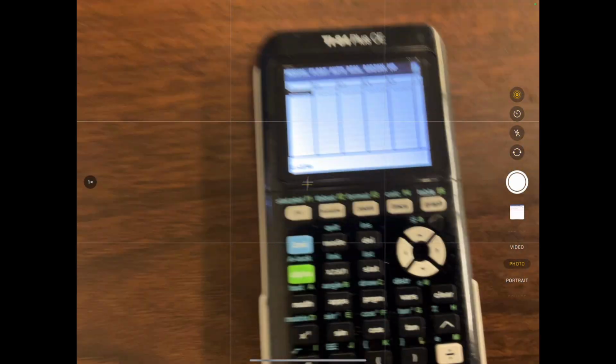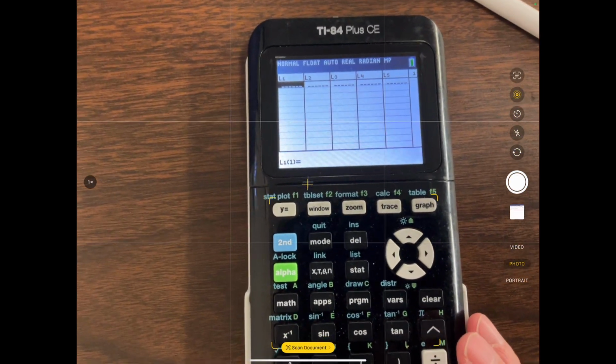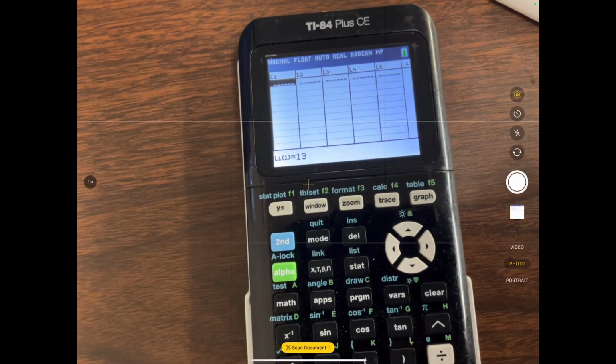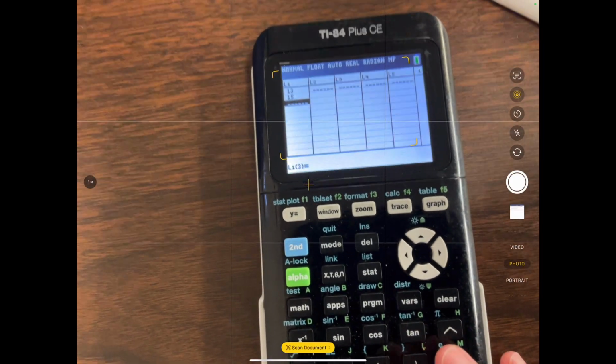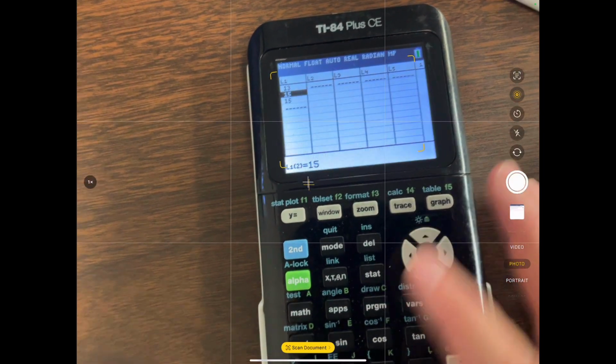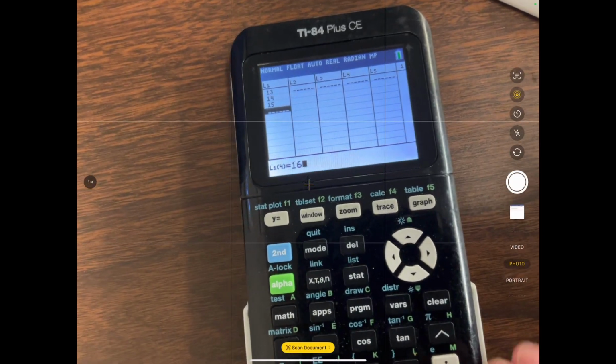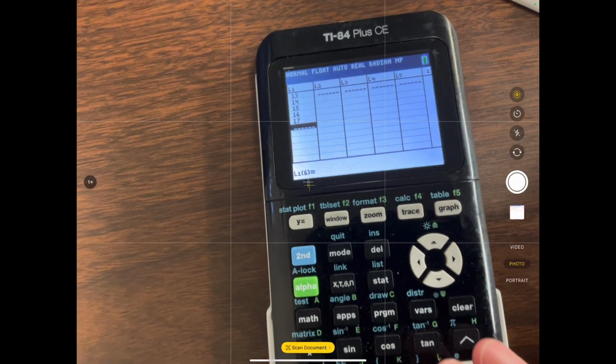Okay, so let's see, where am I at? So I've got 13, 14, 15. Well, I typed 15 2 times. 14, 15, 16, 17, and 18, correct?